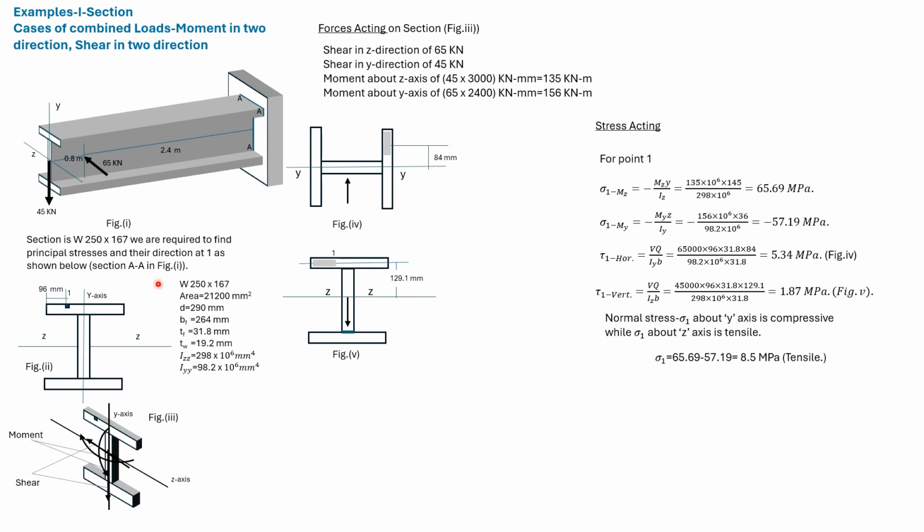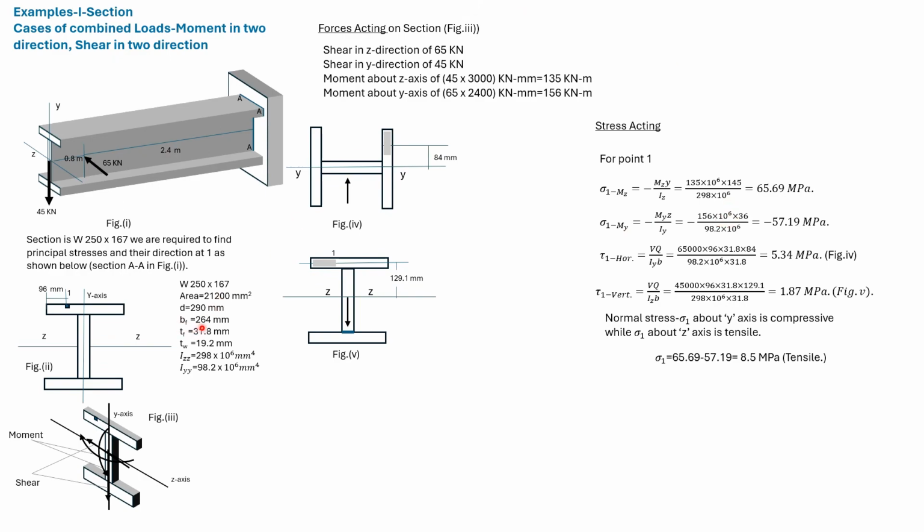Y is half of t and Iz is Izz given here. So we find the stress. This is the moment about the y-axis. So to find the bending stress, we use the moment.